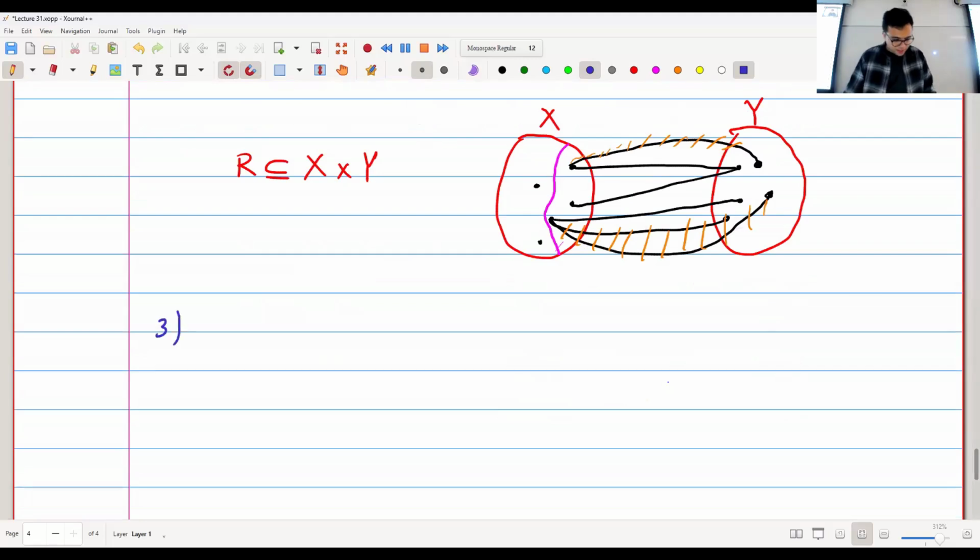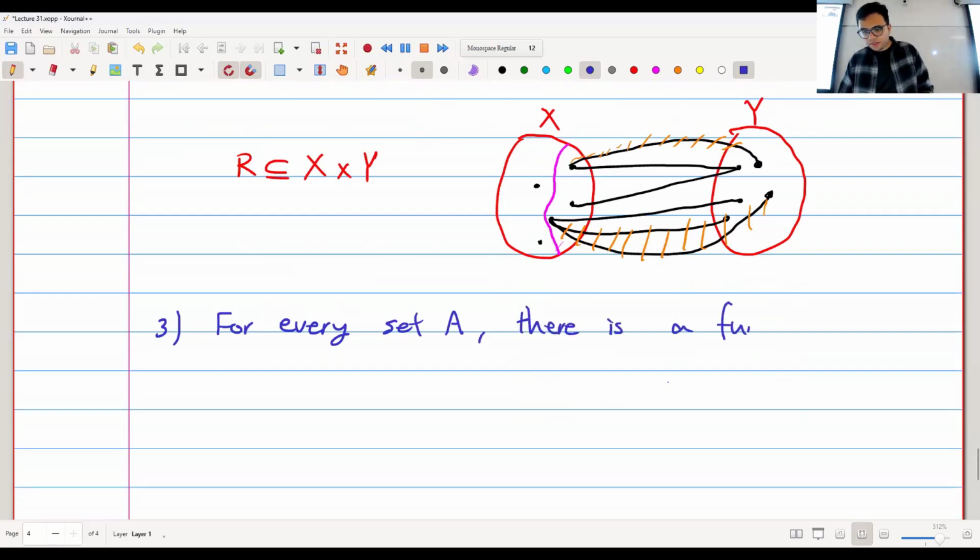So here's a third way. I can say that for every set A, there is a function, let's call this one f as well, that maps subsets of A to elements of A, but non-empty subsets of A. The empty set is always a problem.